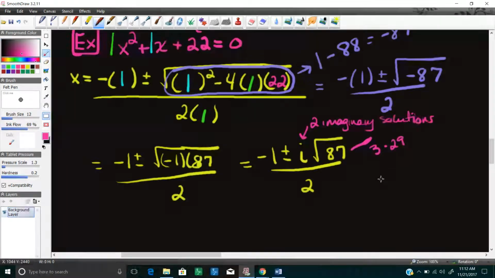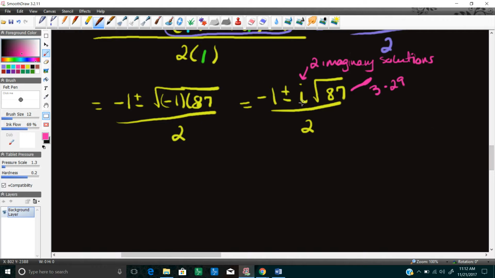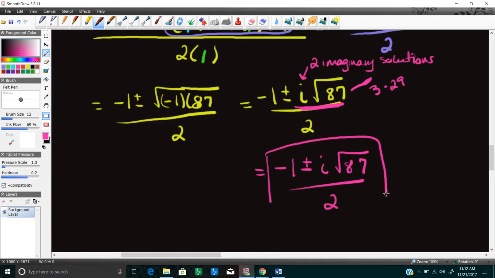So we really can't break them down or do any kind of pairing. So this stays the same. Since this entire thing pretty much stays the same and I cannot simplify anything in front, we're pretty much done. So the answer for this one is negative 1 plus or minus i, the square root of 87 over 2. And it does have my 2 imaginary solutions because of this plus or minus here.